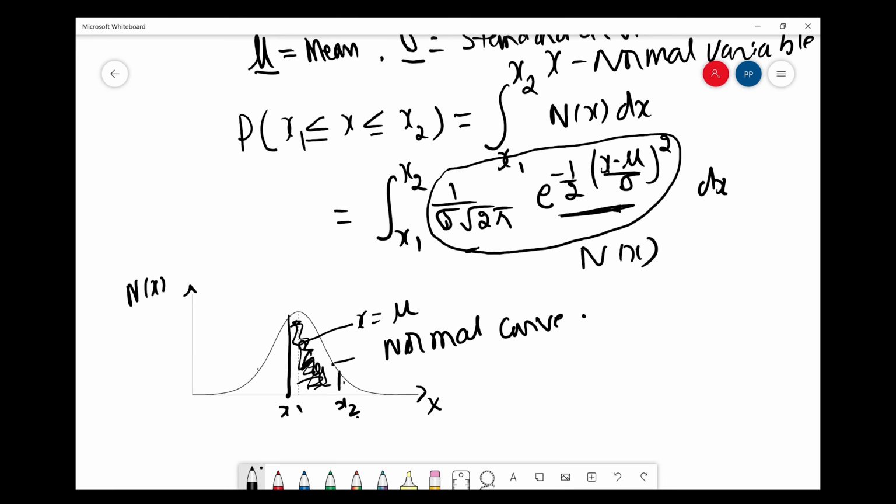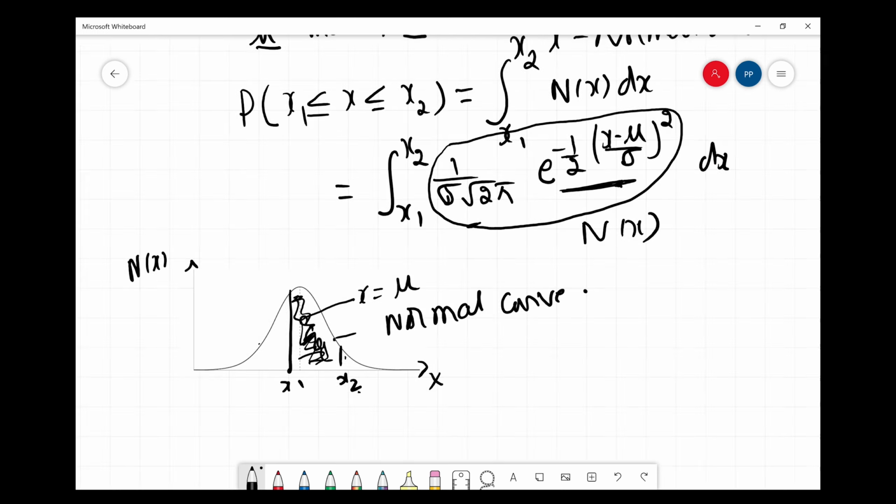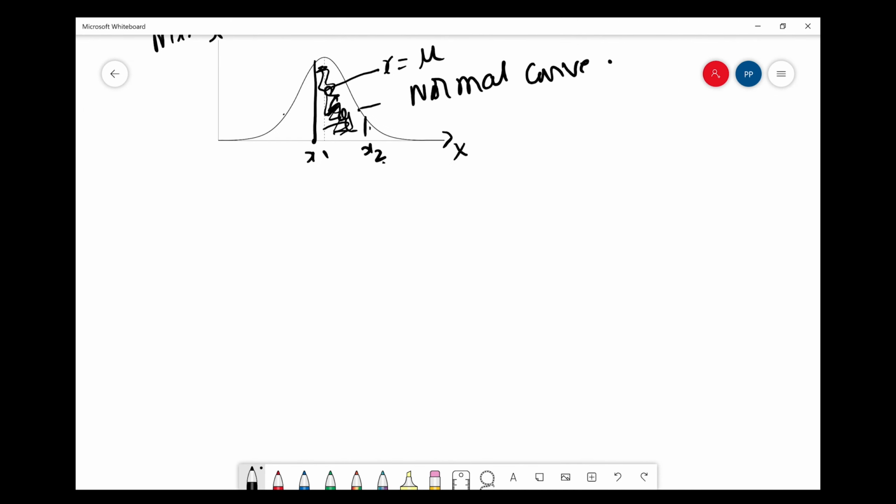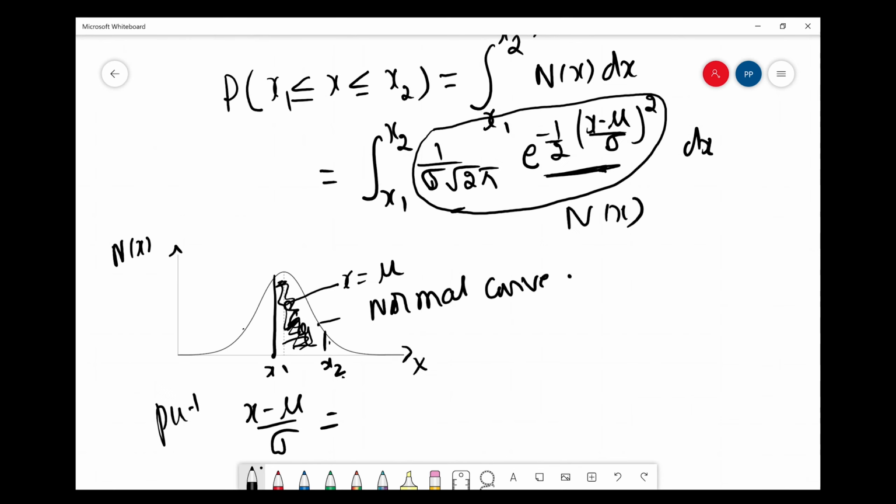Of course, not directly. First, we have to convert this integral to another integral using the substitution x minus mu by sigma, which you find here. This you have to take as z.